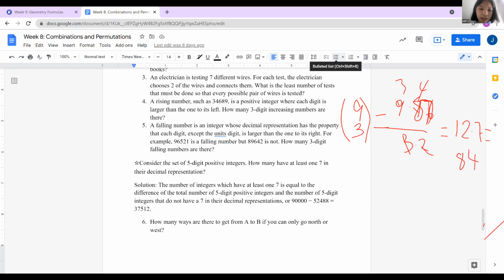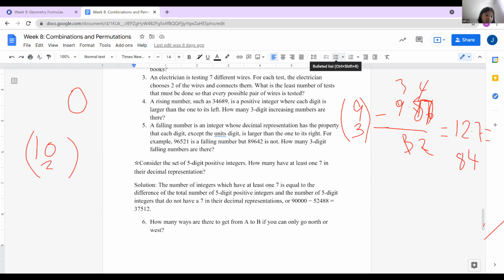I think 9 choose 3 is 84. So that's for 4. But for 5, you use a similar approach. This time, there are 10 numbers you could choose from, since it can be 0.